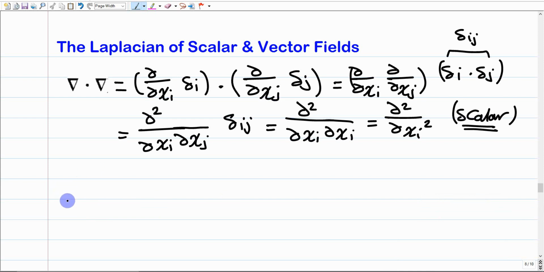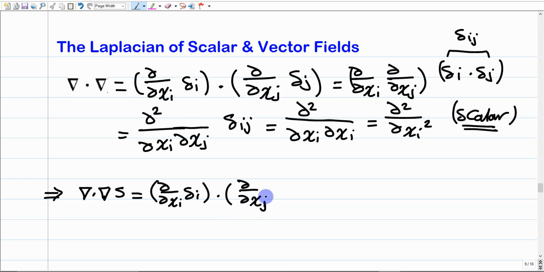So this is for the Laplacian. How about if we are interested in figuring out the Laplacian of a scalar field, like nabla dot nabla s? We are interested in the Laplacian of s. If we decided to do it from scratch, we're going to have partial by partial xi delta i, dot the partial by partial xj delta j, using a different index, times s.